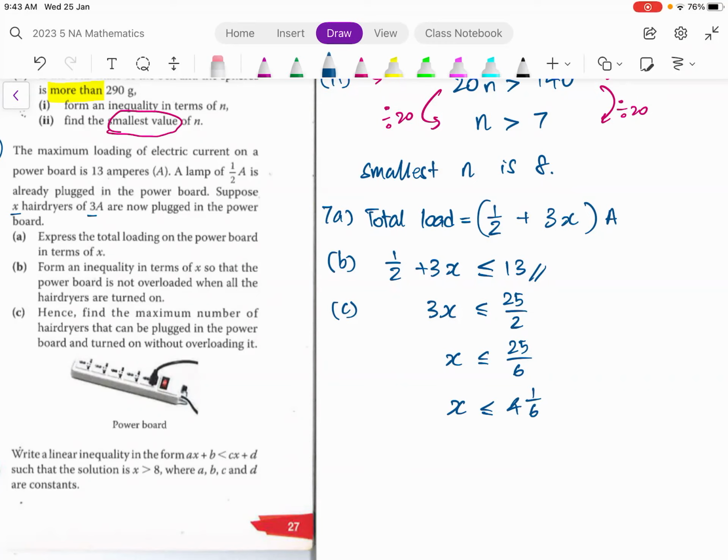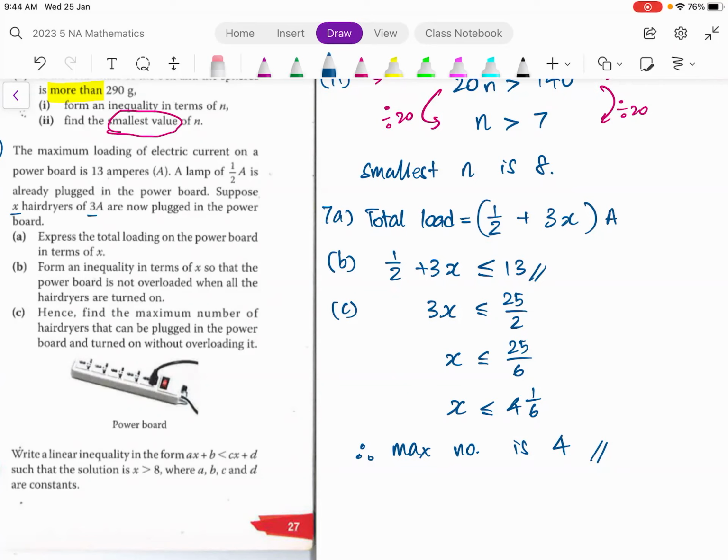So what is the maximum number of hair dryers I can have? 4. Okay, because I cannot have 4 and 1 over 6 of a hair dryer. Therefore, the max number is 4. And when you do enough problem sums, you have to realize that eventually your last step, the inequality sign, has to make sense.